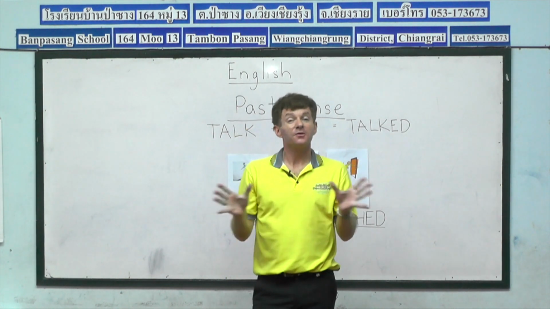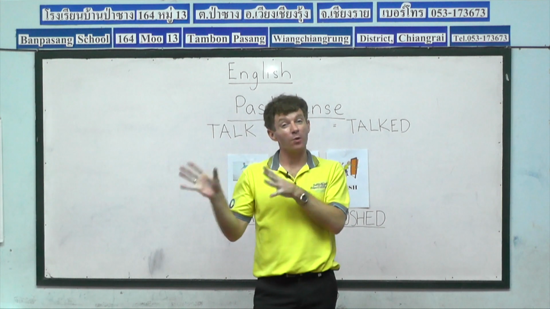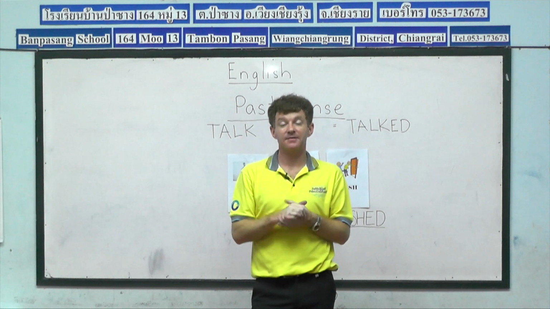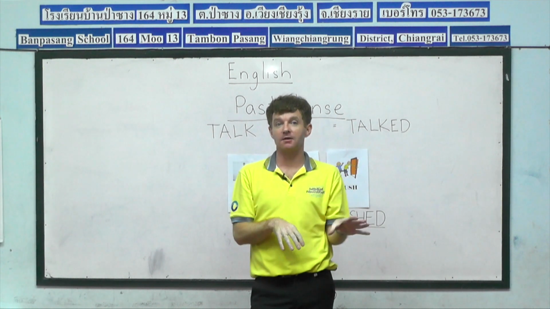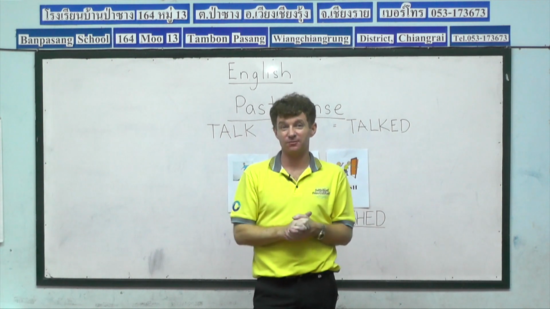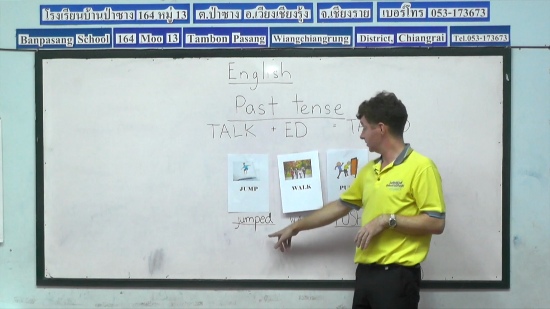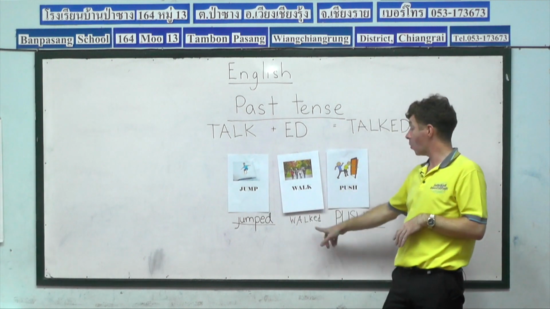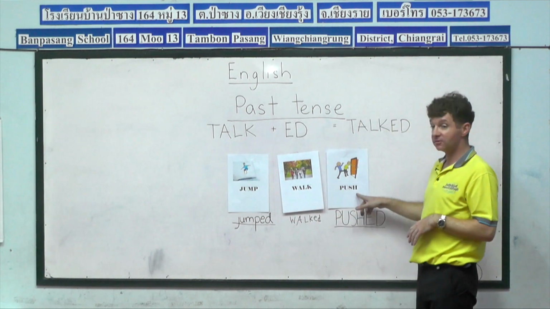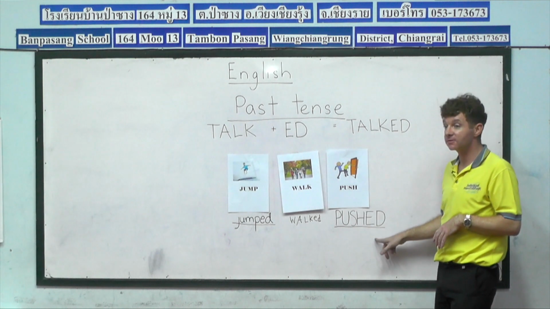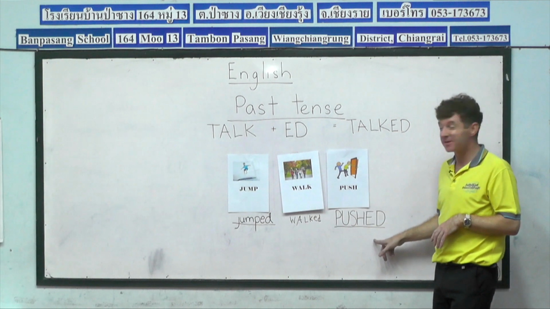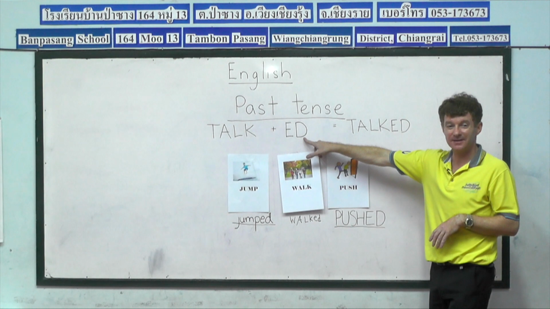So that's a brief recap of what we learned in the previous lesson. That's one way to change regular verbs into past tense form. We had jump, jumped. Walk, walked. Push, pushed.